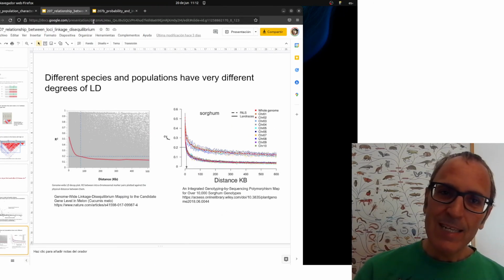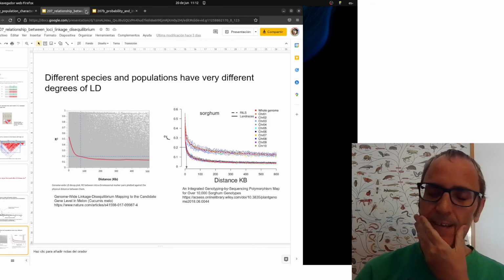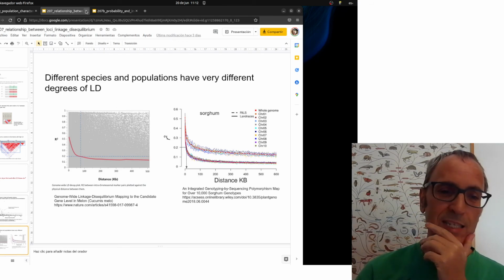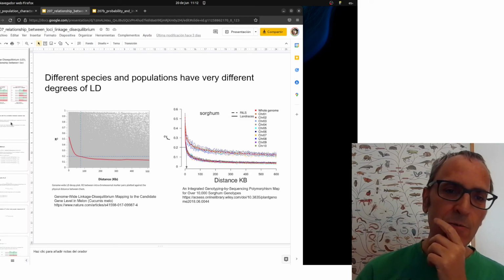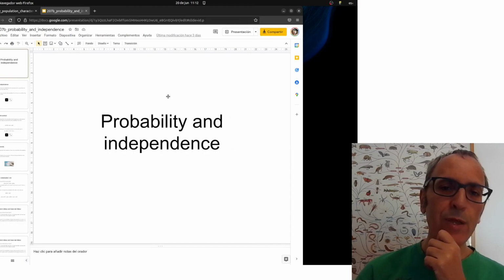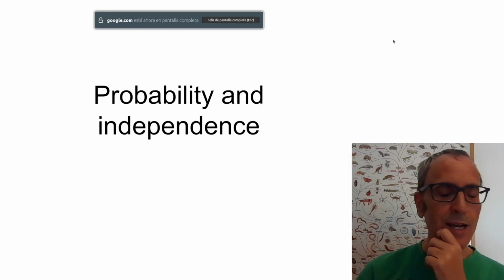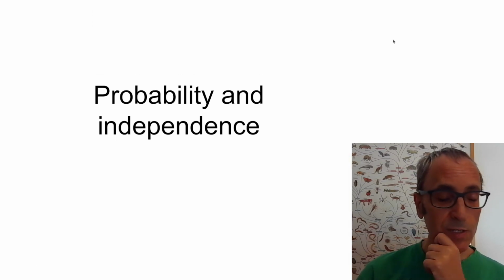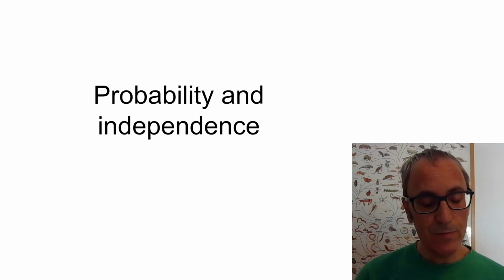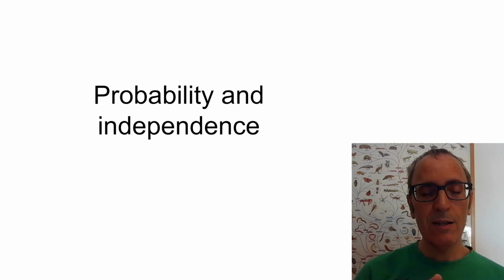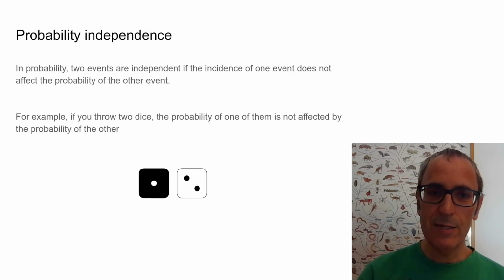And finally, I am not going to talk about statistics a lot, but if you really want to understand linkage disequilibrium, I recommend you think about probability and independence. I am not going to go into detail. I am not a statistician, but if you are interested in linkage disequilibrium, read about probability and independence.